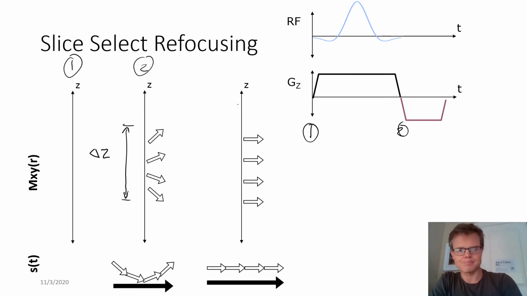But it turns out that at this point, there's actually going to be a little bit of dephasing due to the magnetic field gradient applied during the RF pulse.